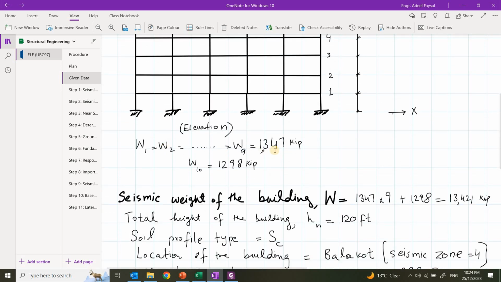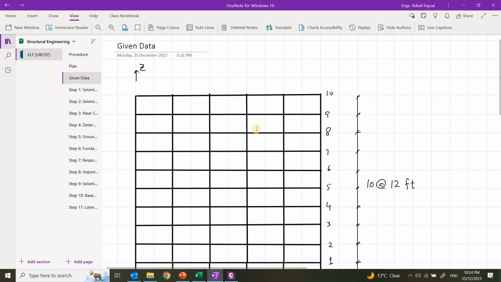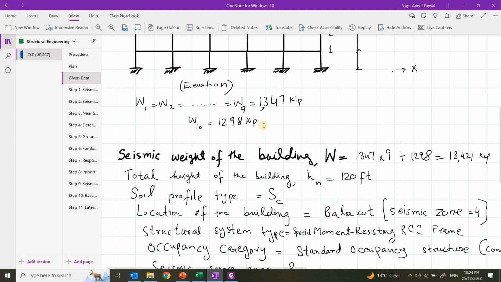The weights, in a real case, you'll have to calculate, but in this case, I've directly given the weights. These are seismic weights, not the self weights, but seismic weights for each level. For levels 1 to 9, it is 1,347 kip, and for the last one, it is 1,298 kip.